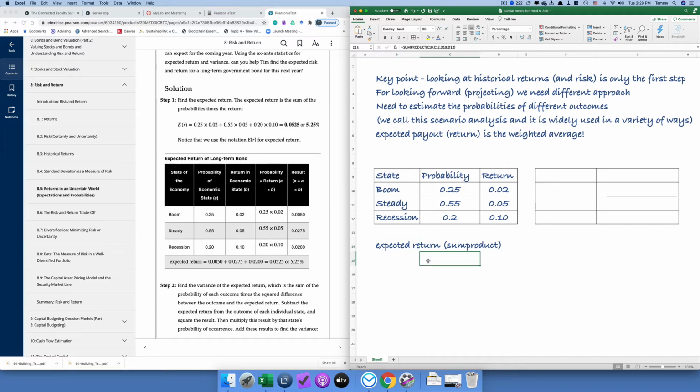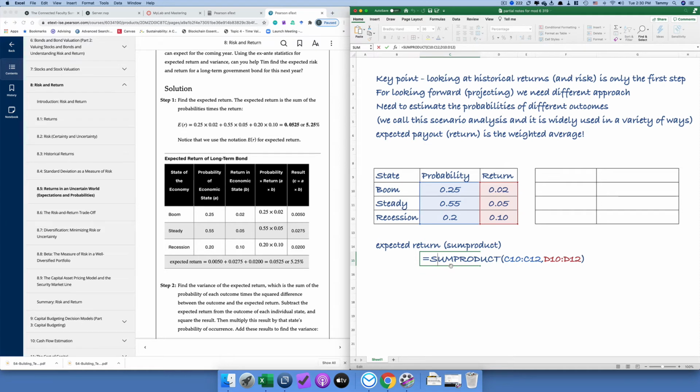Let me find where I did it. Okay, so you invoke the sum product function, and you just lay out the 2 columns or the 2 arrays that you want to calculate for, and that'll give you this 5.25%, right?